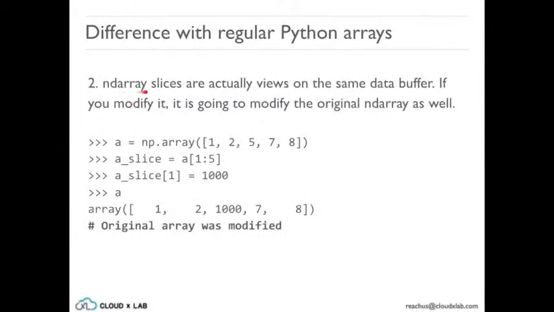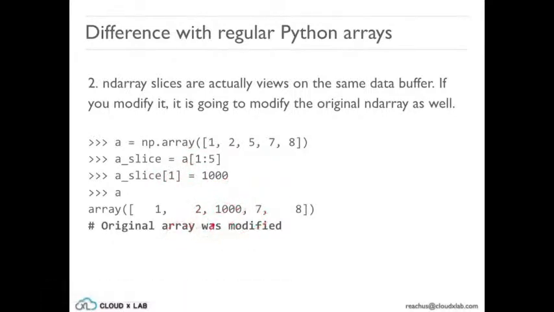Also note that slices are basically just views on the same data buffer. It doesn't get its own buffer. It's basically just a view, like a link to the same data buffer. So if you modify that, it's going to modify the original array also. So an example of that is, if I define an array and a slice of it, and if I change the value of the slice, the value is going to also change in the original array.